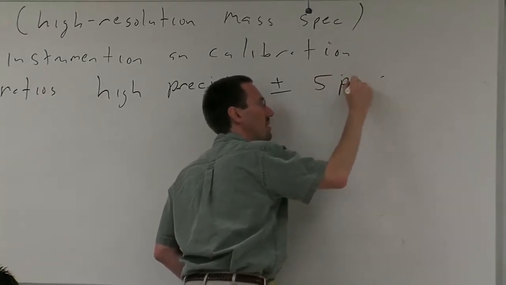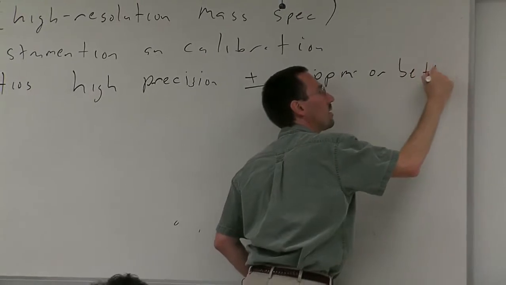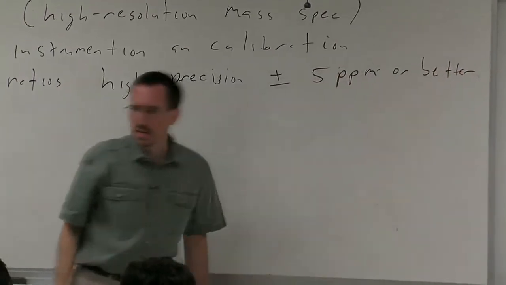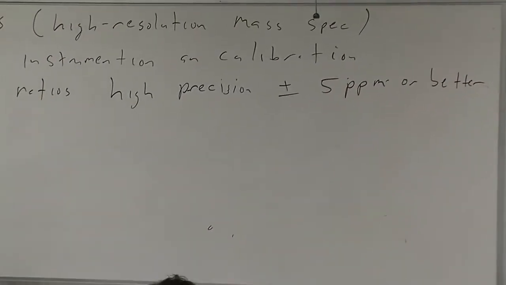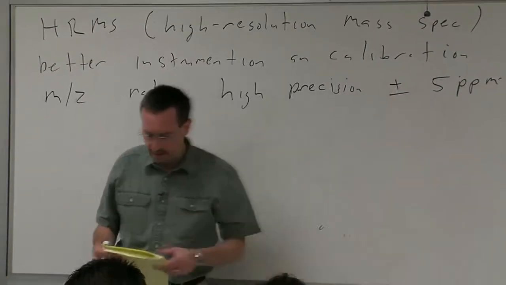And I'll show you what I mean by that. And in the case of a technique called ion cyclotron resonance mass spectrometry, sometimes even 1 order of magnitude better than that.